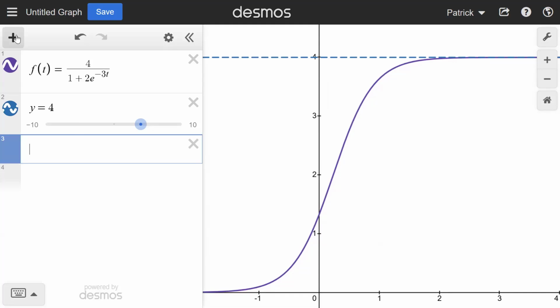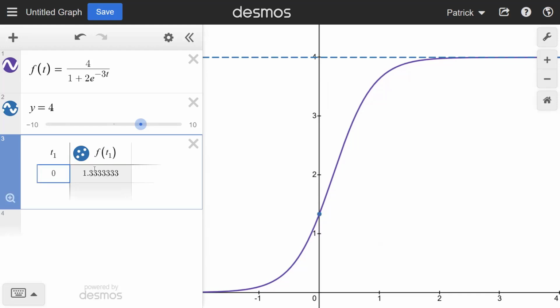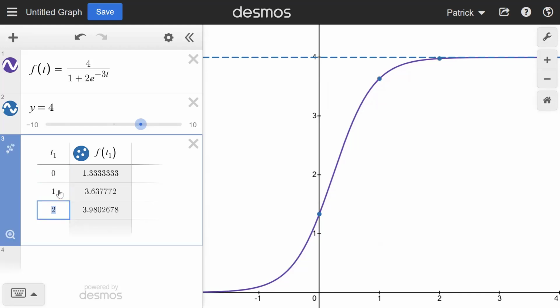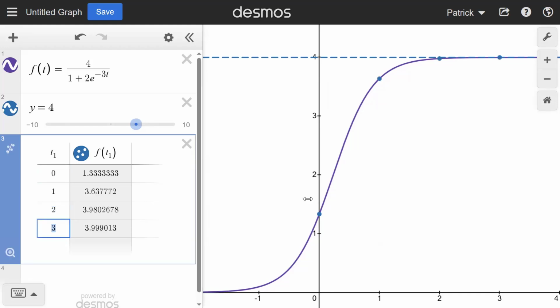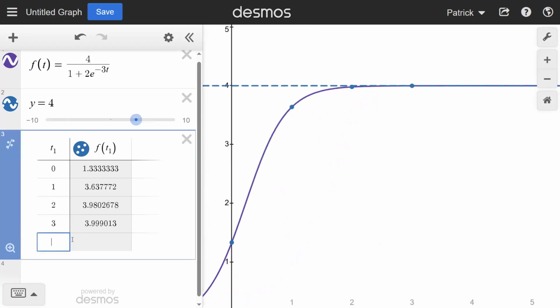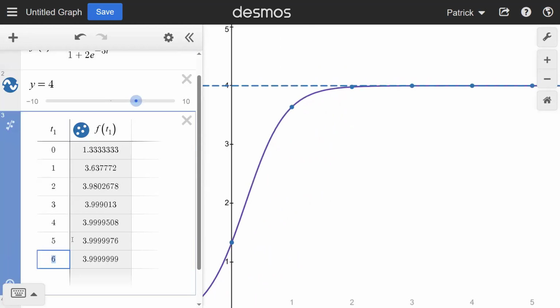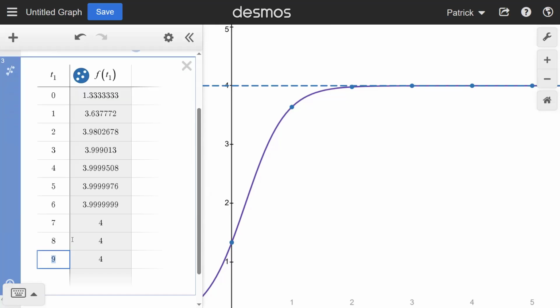We want to do it numerically, which would be with a table of values. So you could set up a table here. Instead of x1, we're going to call it t1, and instead of y1, we're going to call it f of t1. If we just start at 0, you could see the point comes on here, and plug in 1, 2, 3, and so forth. We could see that as we let t move to the right, the y values approach 4.